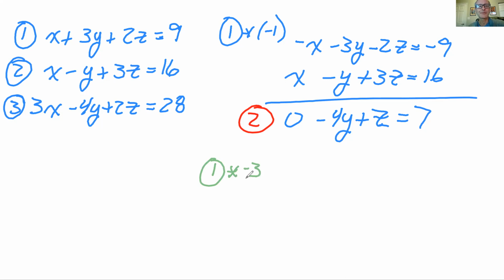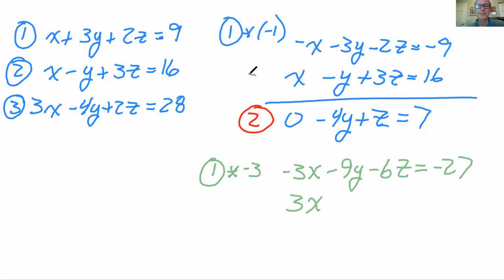You would see we'd have minus 3x and plus 3x, and so those would cancel. And again, that's our strategy. So we'd have minus 3x, and then 3 times 3, we have minus 9y, minus 6z, and 9 times minus 3 is minus 27.